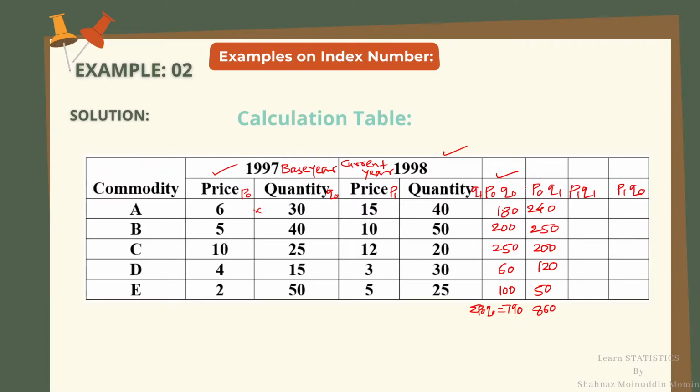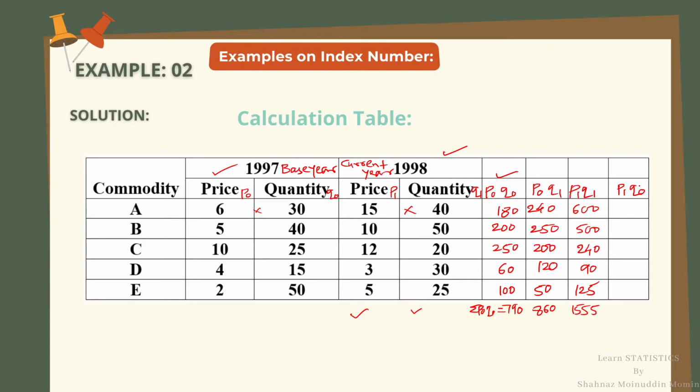Next column is P1Q1, means price in current year into quantity in current year. 15 into 14, 600. Similarly 10 into 50, 500, 240, 90, 125. After adding this, we get the total 155.